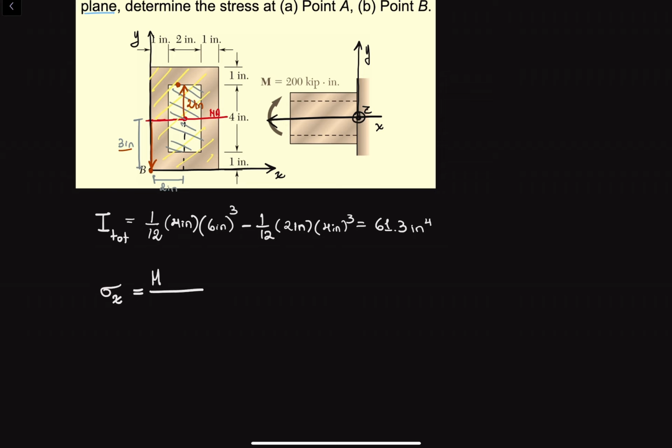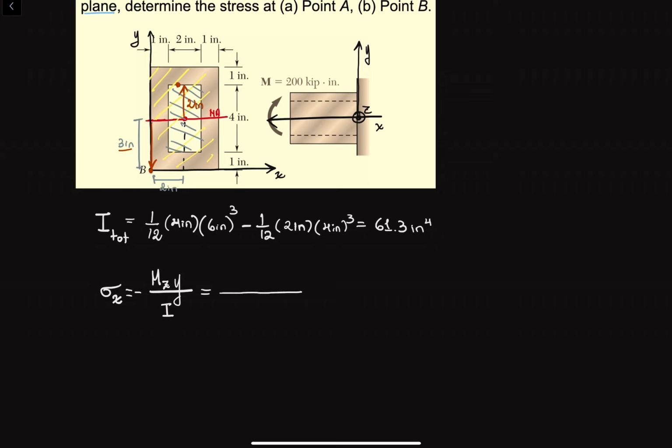The moment is about the z-axis, so we'll put a z-axis. We're going to have a distance, y. Then remember that it's negative, and that's because we define y as being positive up, and that would create a negative moment. And we divide everything by the moment of inertia of the whole cross-section that we calculated earlier.